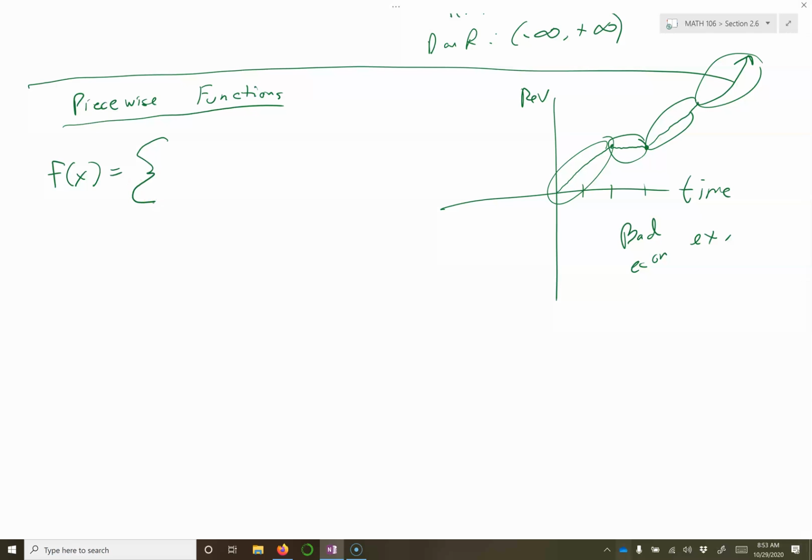Let's say this first one is 2x, right? So when you define the first piece of a piecewise function, you have to indicate after the function what the interval is in which this function exists. So I'm going to make this one real simple and say this function f of x is 2x when x is less than 0.